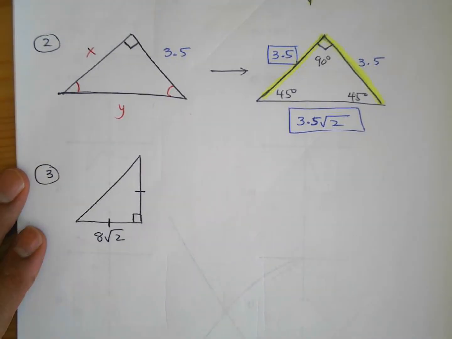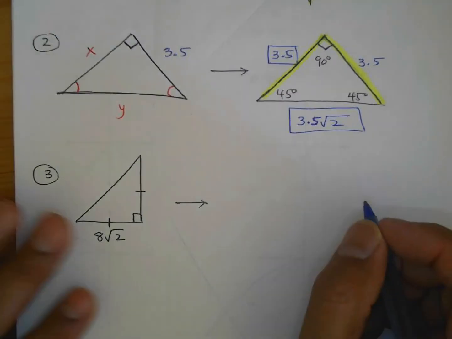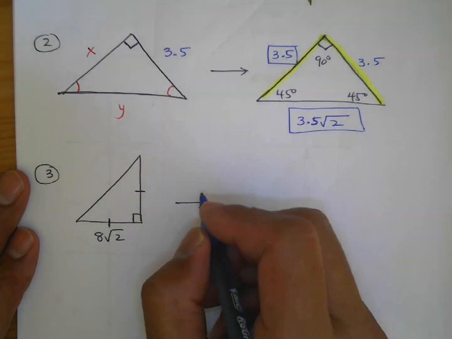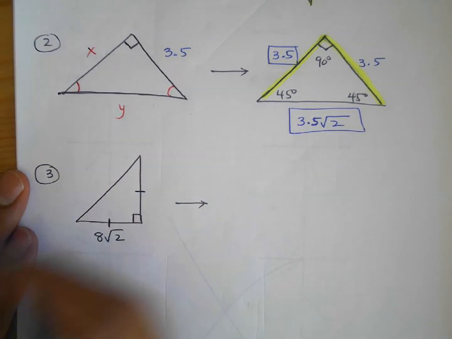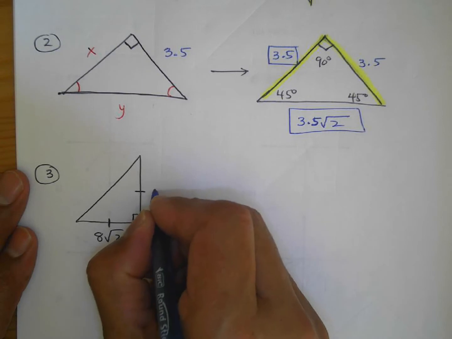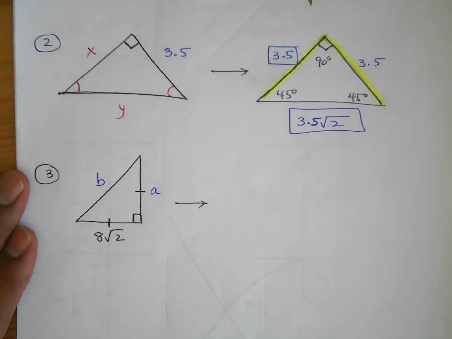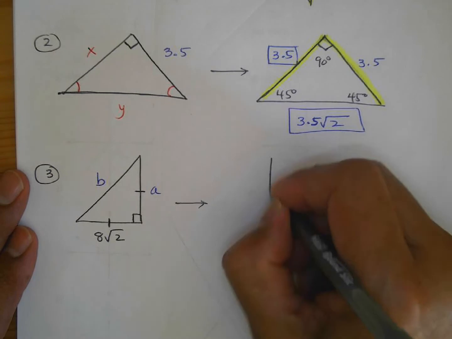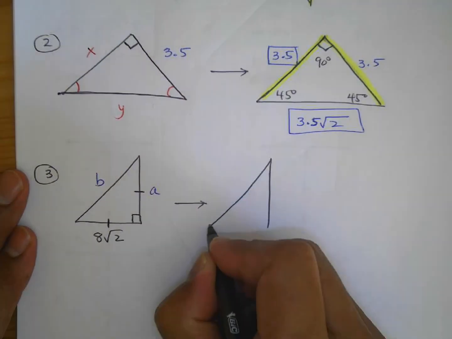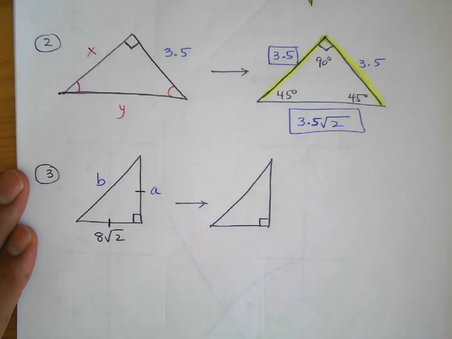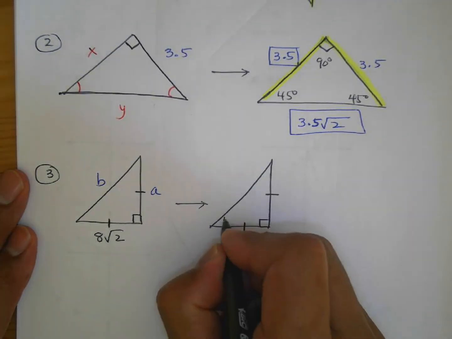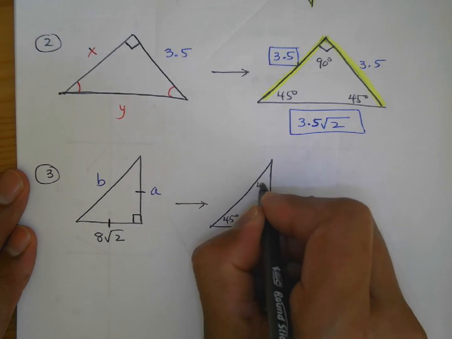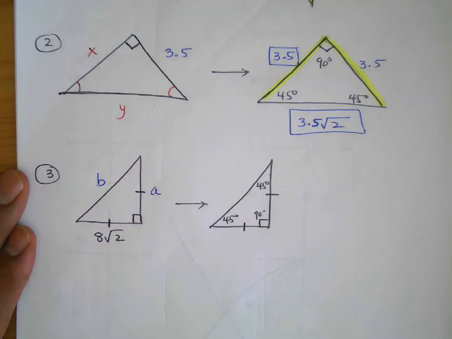Well, if these are congruent, you know that you're dealing with, oh, and then they'll have some other letters here again. It doesn't matter what letters they'll put there. Just ignore them. Well, I know the legs are congruent. I know this is a 45, 45, 90.